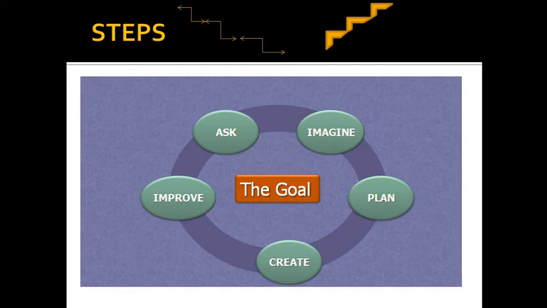After the planning, you need to create a prototype. You may face some problems while making the prototype, then you have to remove those problems. So this is the improving process. You need to improve the project idea.